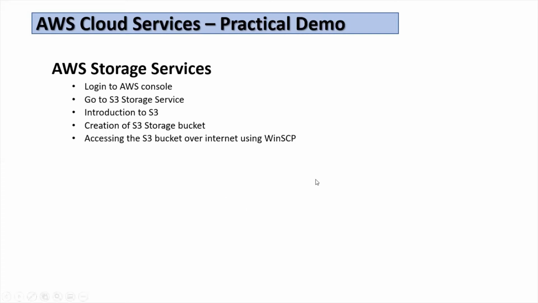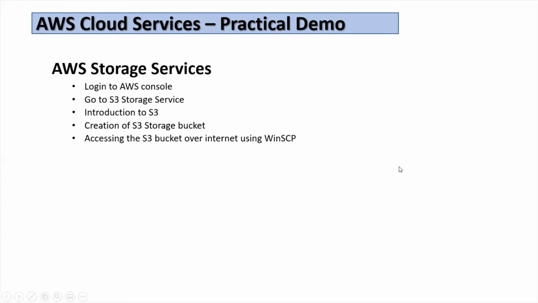We'll see that practically. And once the bucket is created, we will try to access the S3 bucket over the internet using WinSCP, or we can access the bucket using an AWS Linux instance in CLI mode, through commands.